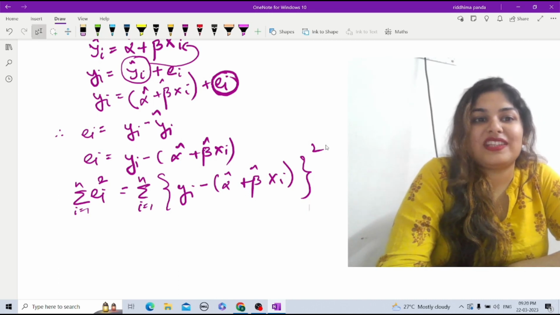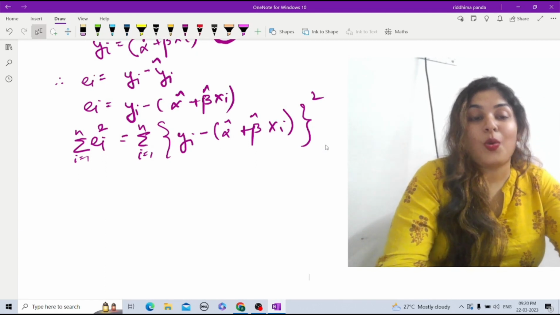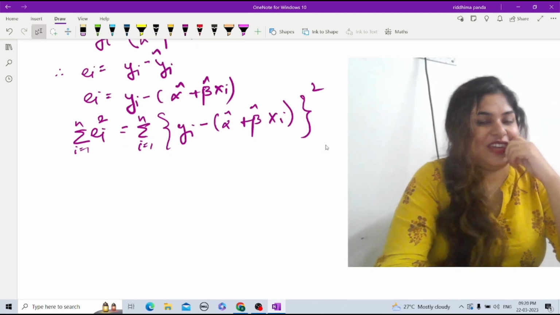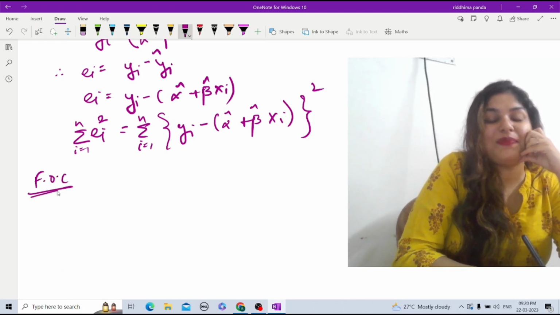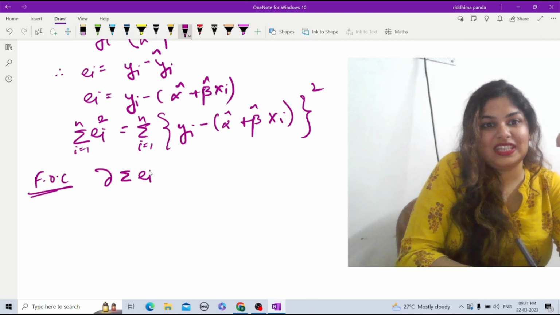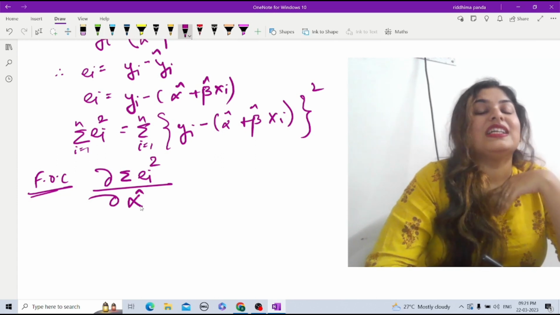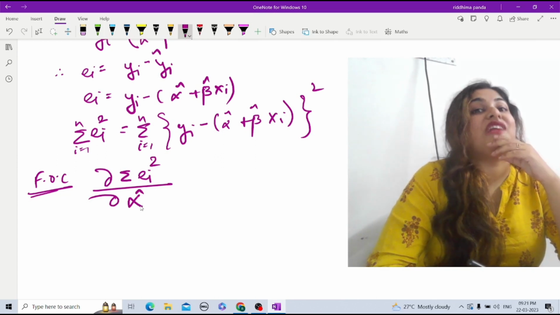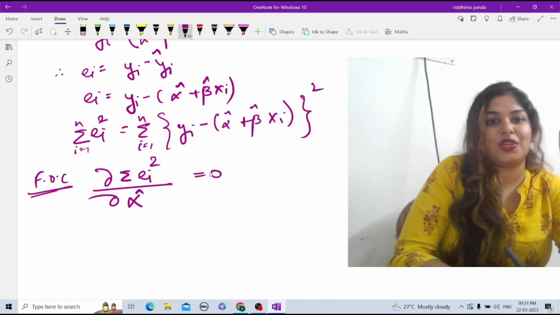So now my objective is to minimize this sum of squared errors, right? So the first order condition of minimization is what? Delta summation ei square by delta alpha hat, because I'm going to estimate the value of alpha hat for which the error is minimized. So this should equal 0.